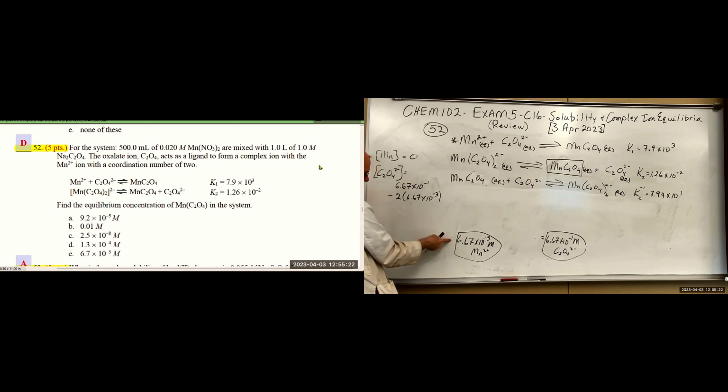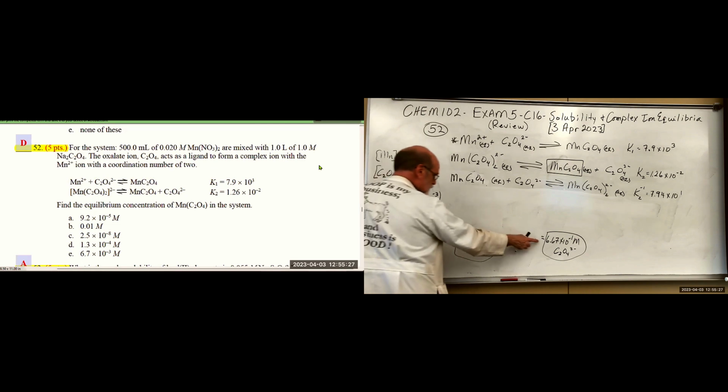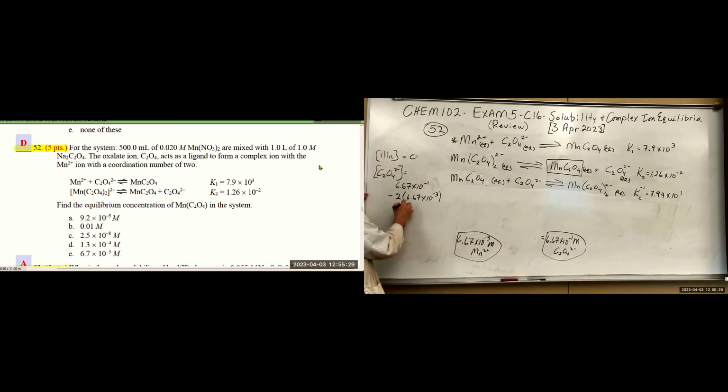Then we lose 2 of those from that side. So this concentration will be 6.53 times 10 to the minus 1 molar.